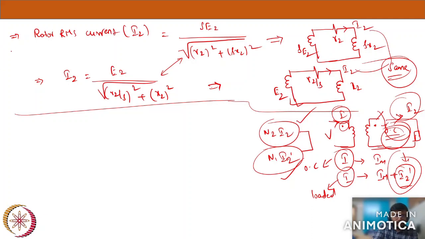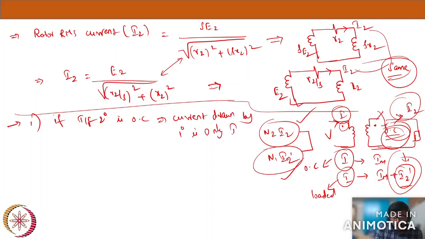So if the transformer secondary is open circuited, or you can say unloaded, the current drawn by the primary is only IM. It's only magnetizing current. Why I am writing these points here is that it is a very important concept in transformers. It's the base of transformer.